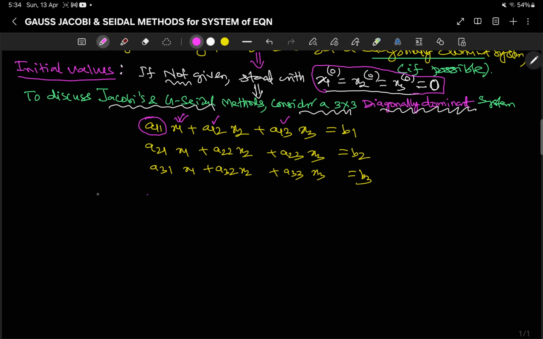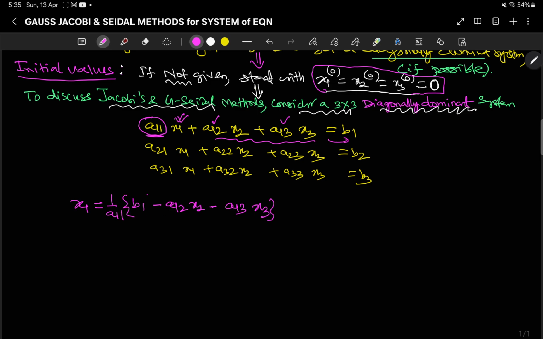Bringing all these terms to the right hand side, x1 is equal to b1 minus a12 x2 minus a13 x3, divided by the coefficient a11.